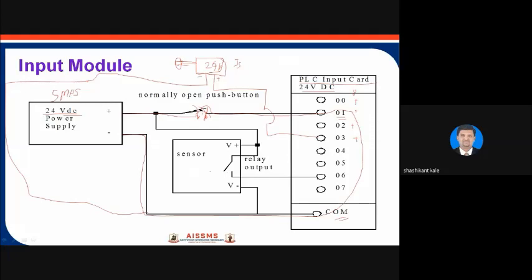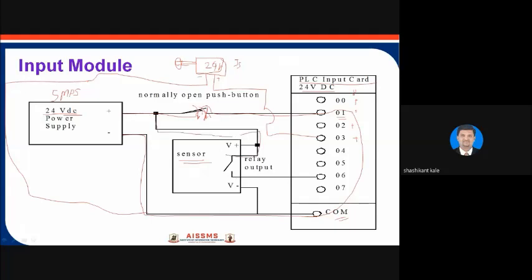Another switch, or we can say sensor, is available. Again, this sensor is a float type sensor, say for example for level. That sensor is also capable of giving an open contact or a close contact. It again does not have a 24 volt power supply available with it, so we can use the 24 volt power supply. See, the positive end of the sensor is connected to the positive of it.